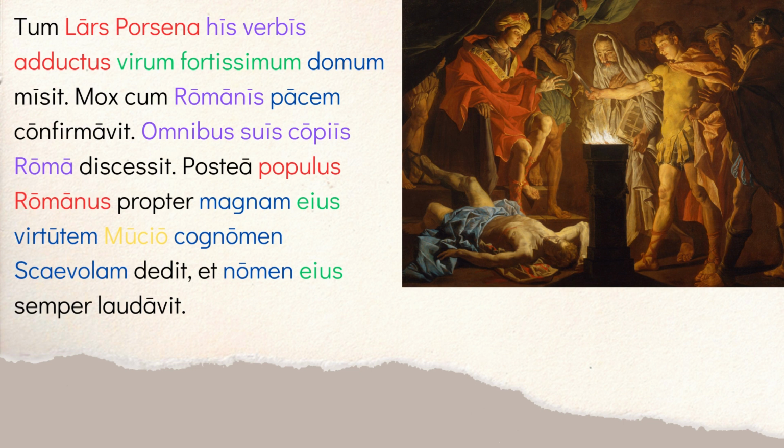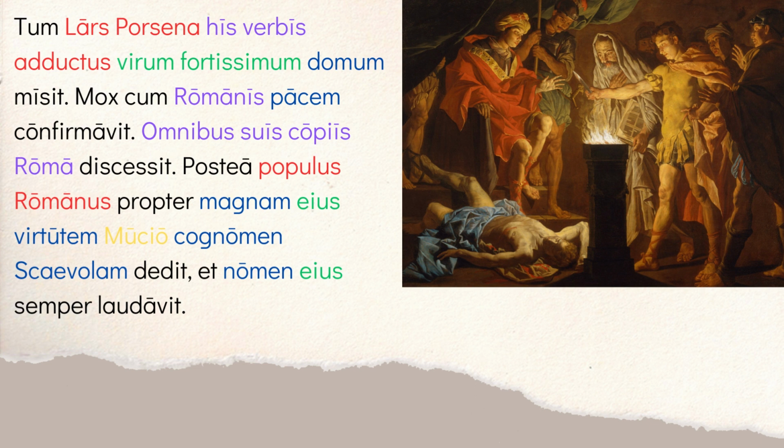So he discessit, he departed with his entire army. Omnibus there means all or entire. Suis copiis means his troops. So he departed with all his troops. Roma there is ablative because it's saying motion away from, so from Rome.